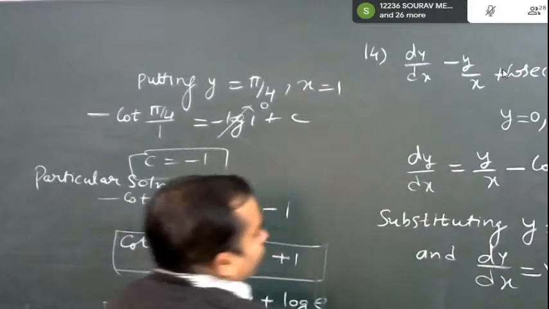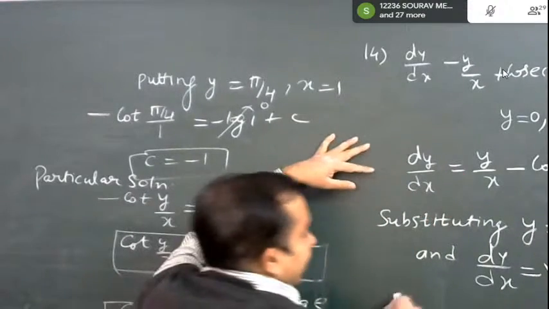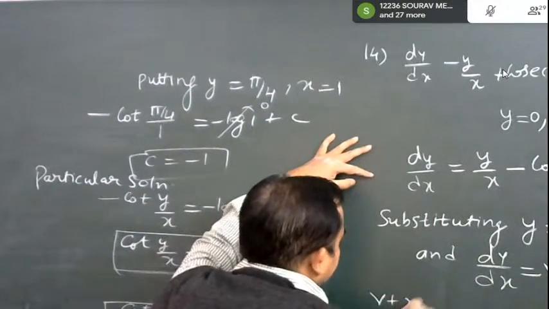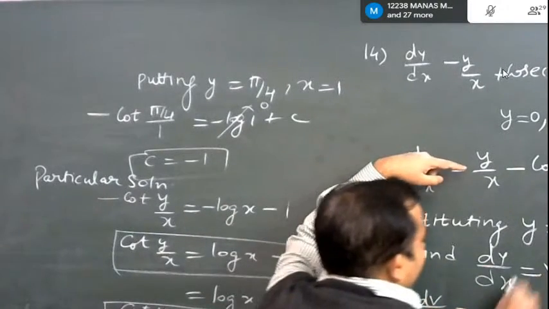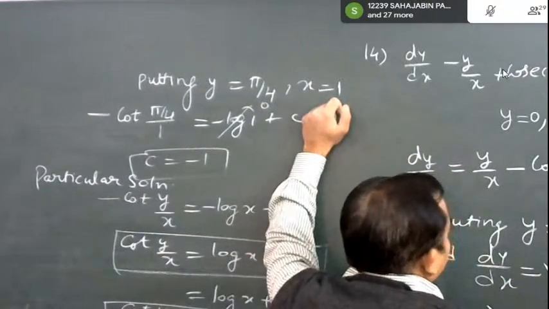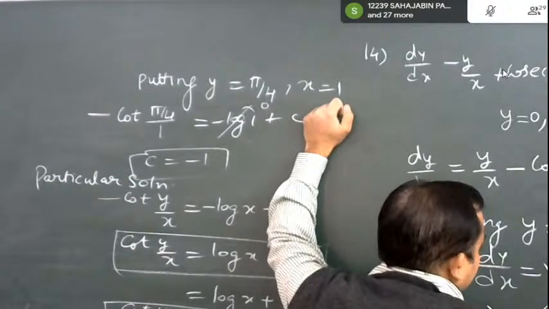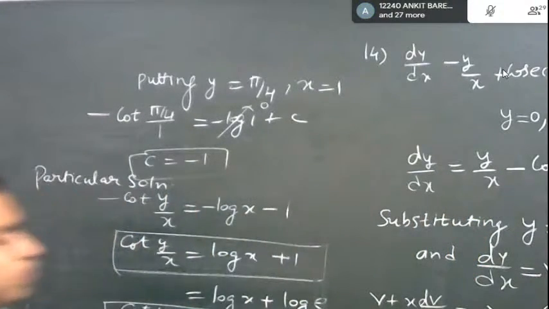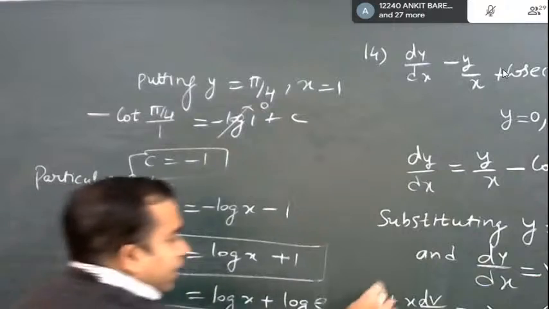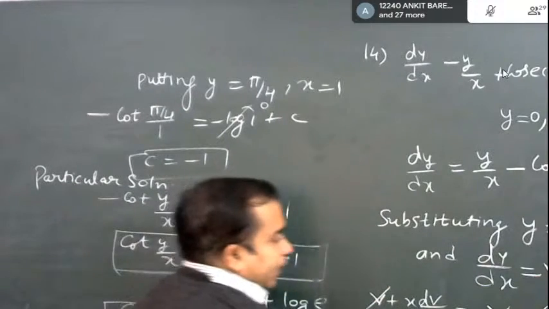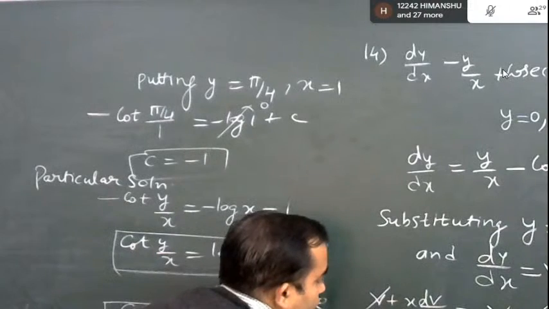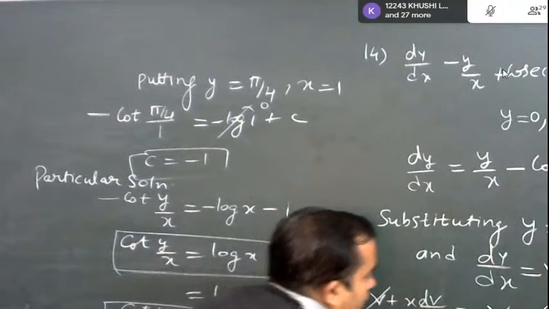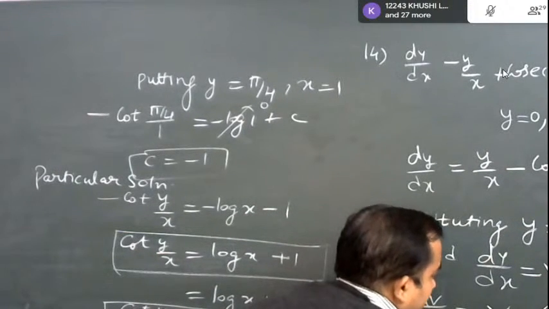Substitute. So dy upon dx will disappear, and in place of this v plus x dv upon dx will come, equal to y upon x, from here it is v, minus cosec y upon x is v. You can see that v gets cancelled from both sides. Now separate the variables. Cosec v bring to this side. So dv upon cosec v equals minus dx upon x.